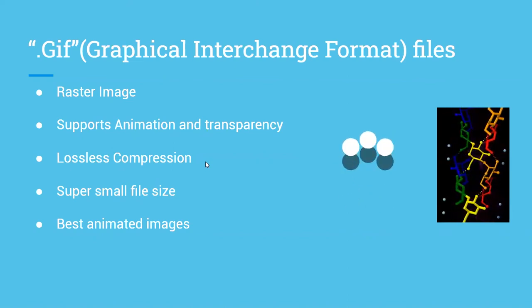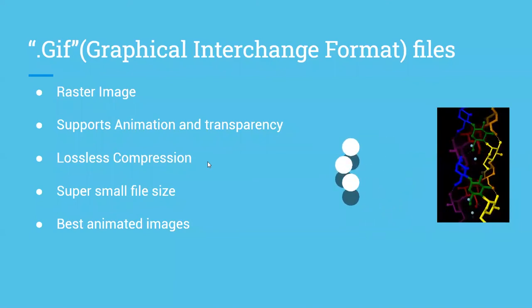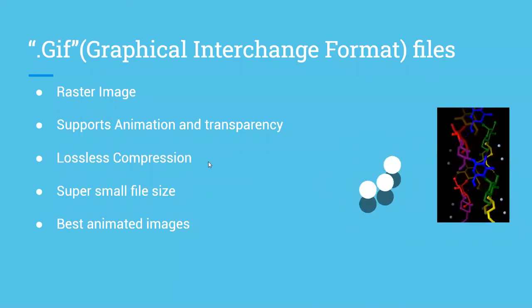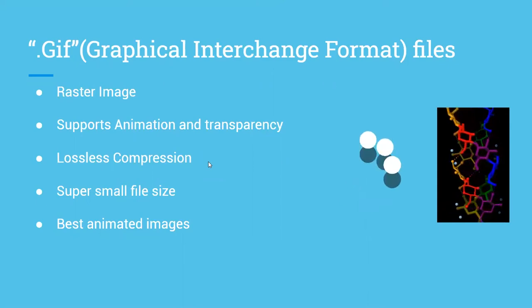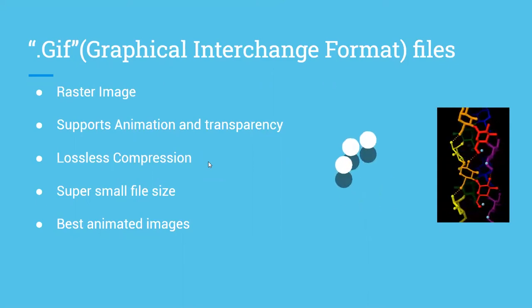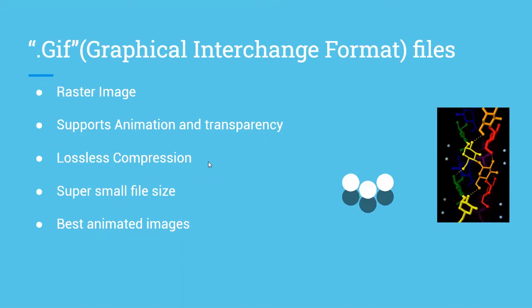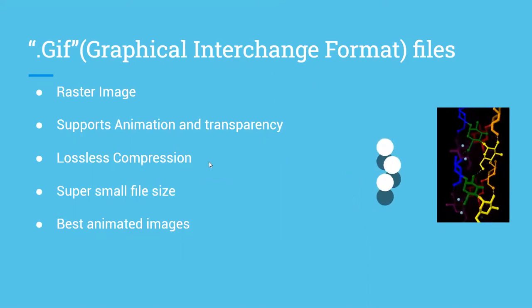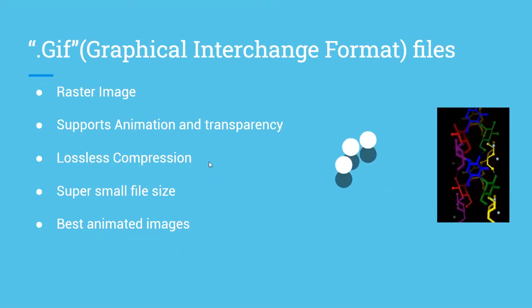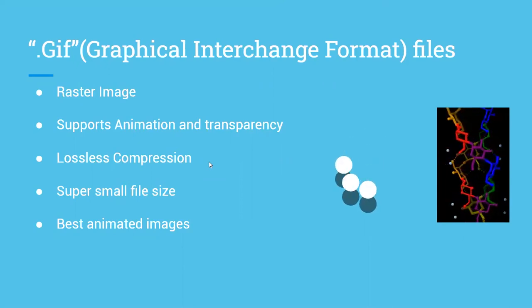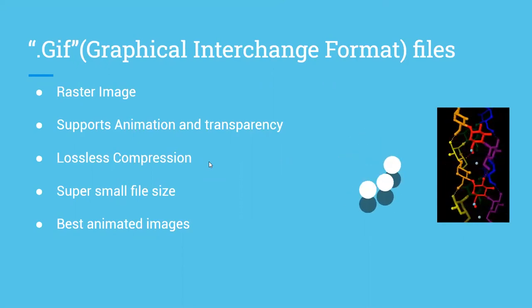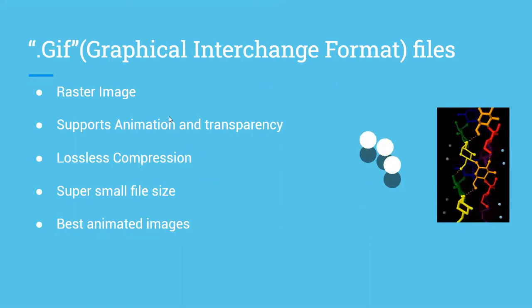What's interesting is, the size of GIF files are remarkably small, the smallest raster format on our list in fact. This is due in large part to GIFs only supporting a 256 color palette. GIFs overall are the best way to make animated images, but the user needs to be prepared for a high limitation in the number of colors they can use.